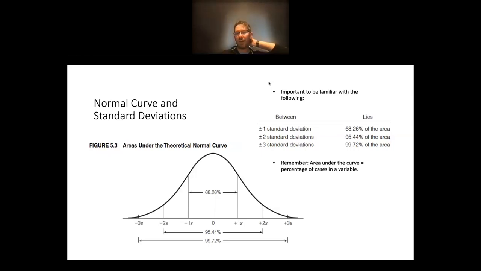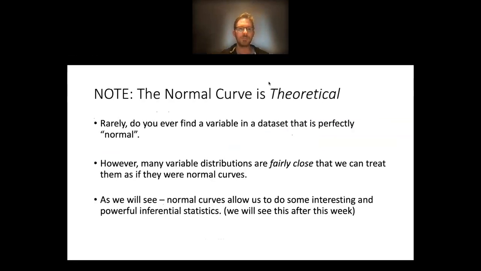So remember, as we're talking about the area under the normal curve, this is the percentage of cases in a variable. We have to remember that what a frequency distribution is doing is adding up all of the cases for every possible value, and then we're putting a line to it, right? And so that's why it is all the percentage of cases in a variable.